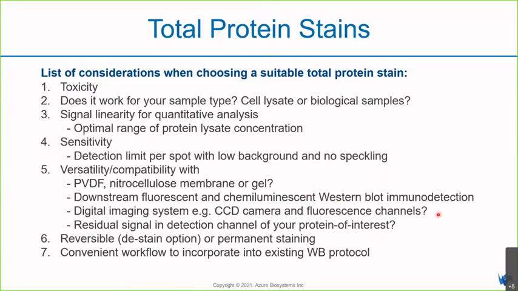For example, the requirement of a digital imaging system: is it compatible with a CCD camera? Can you capture the signal using these detectors, or do you need a different type of detector instead of a CCD camera? And of course, what is the excitation light source that allows you to image the total protein stains? Do you need fluorescent channels or do you just need a UV channel?